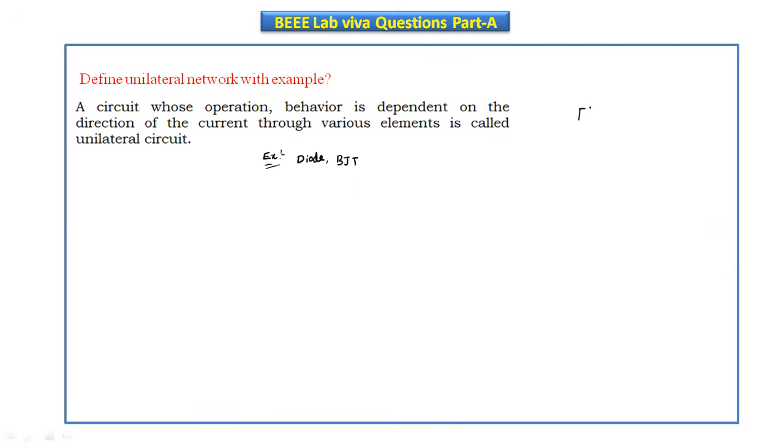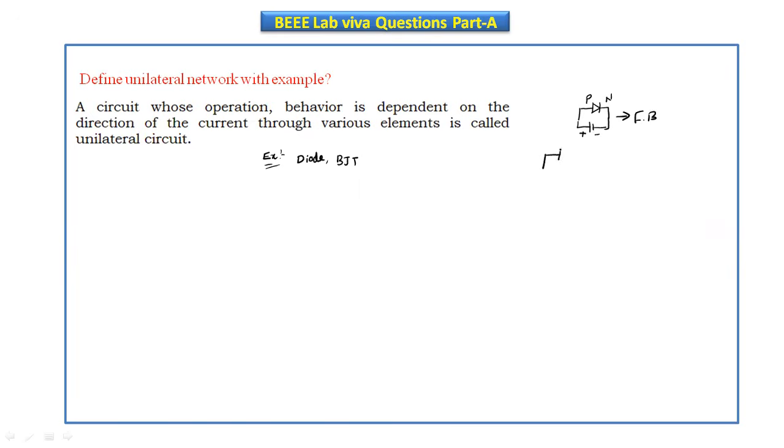For example, if you take the diode here, the positive terminal is connected to P and the negative terminal is connected to N. Then we can say that the diode will be in the forward bias condition.